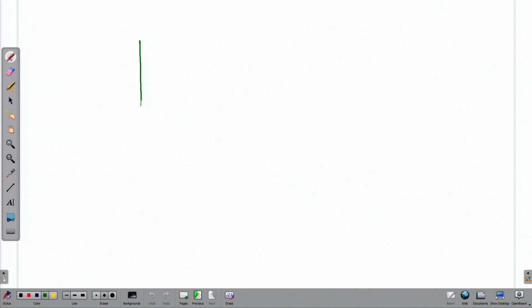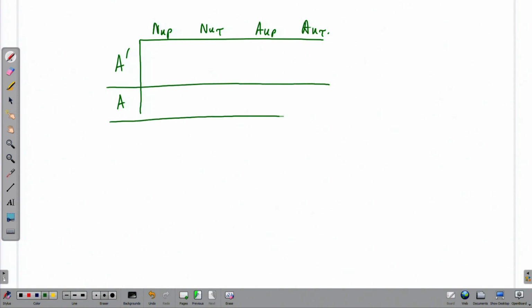We will make a small table where we mark the forces on top and we look at the 2 points A dash and A and we try to figure out what the signs of these terms are.